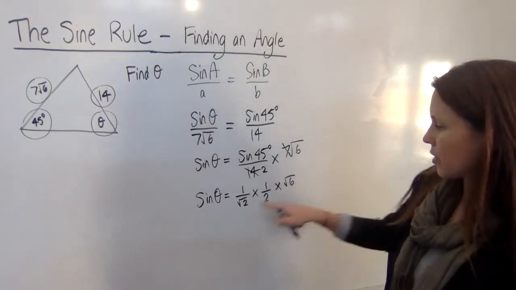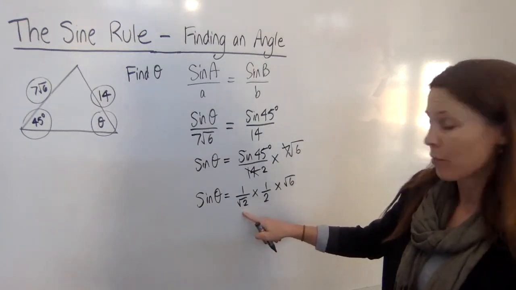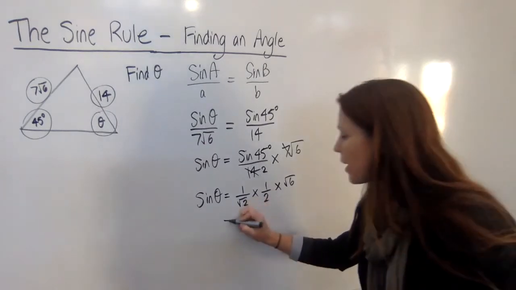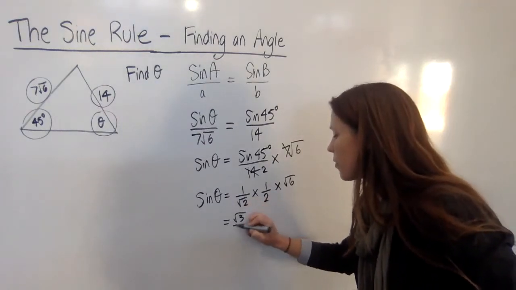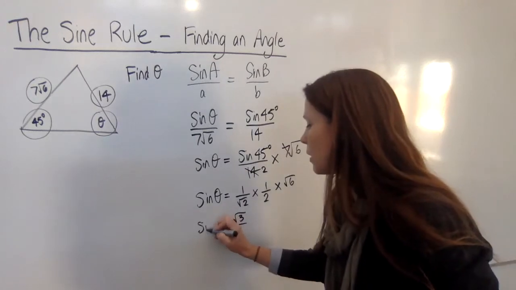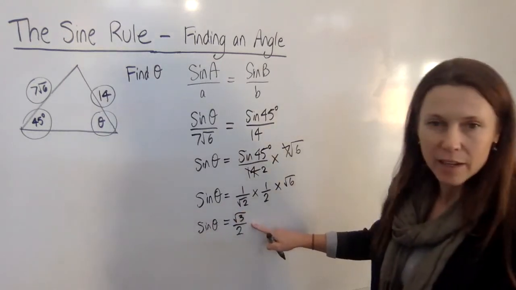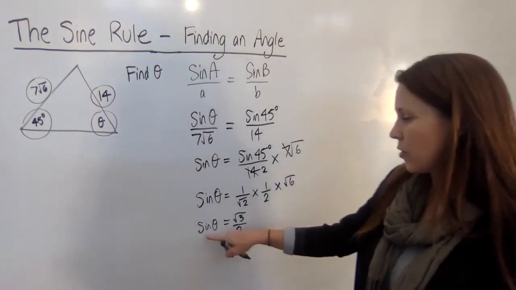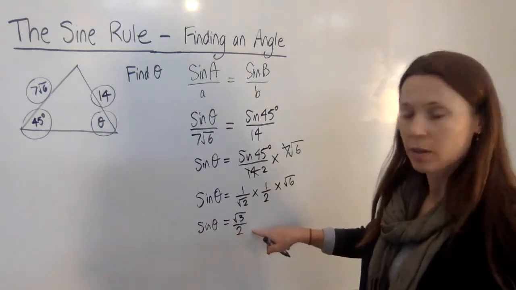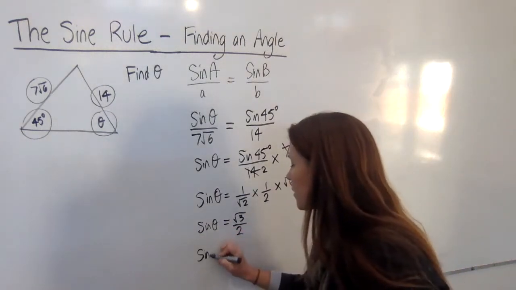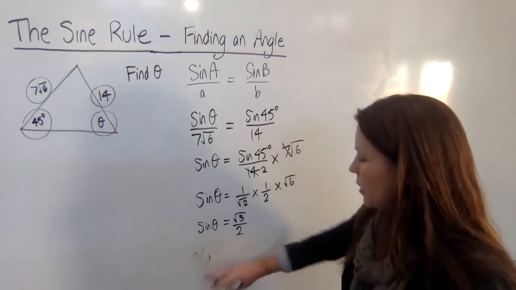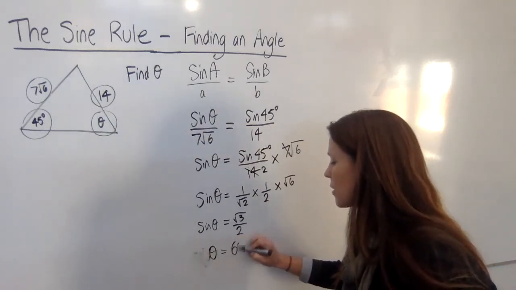Now, root 6 divided by root 2 is square root of 3, and half of that gives me square root of 3 over 2. Now again, I've got an exact value here that I know. I know that the sine of 60 degrees equals root 3 over 2. So I say, all right, theta must be 60 degrees.